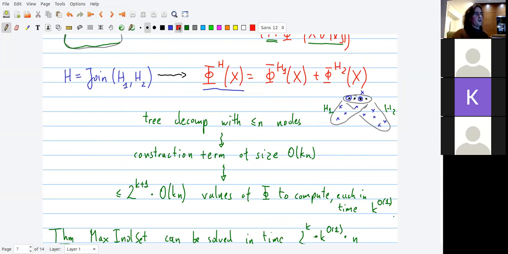So if I'm given a tree decomposition of a graph, we'll usually assume that the tree decomposition has as many nodes as the number of vertices in my graph. This is the case for all the algorithms that compute the tree decomposition. It can always be assumed, so we will assume it.